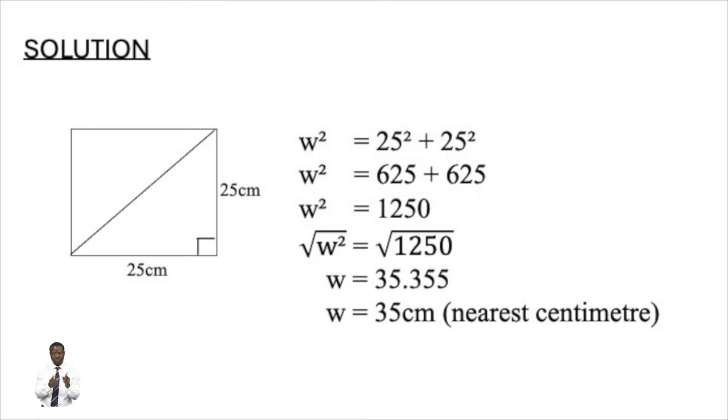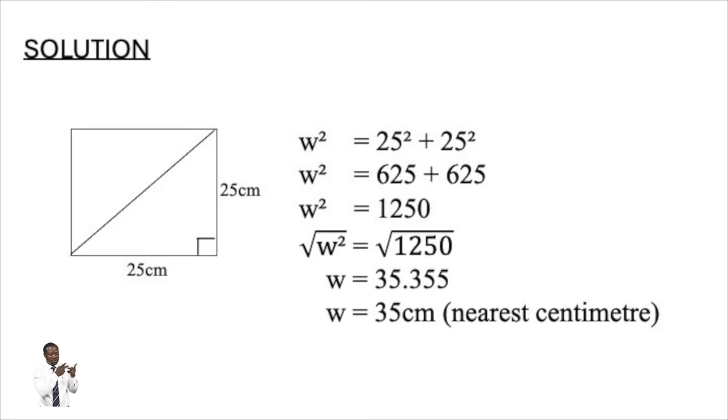And obviously, we must fold them on the diagonal side. So finding the length of the longest side will mean we are finding the hypotenuse, or the side that is opposite our 90 degrees angle. So from the diagram, we have represented that by the variable w.